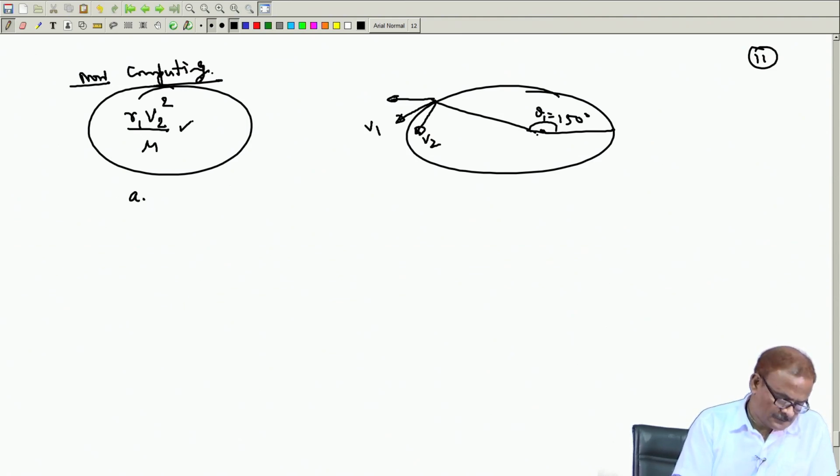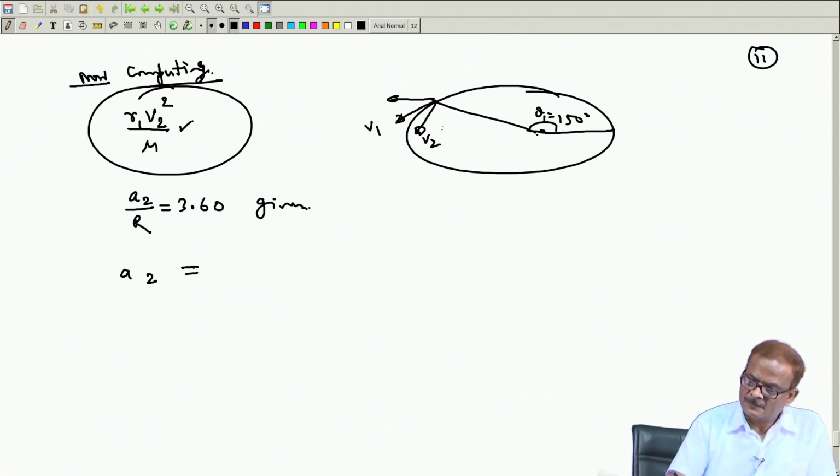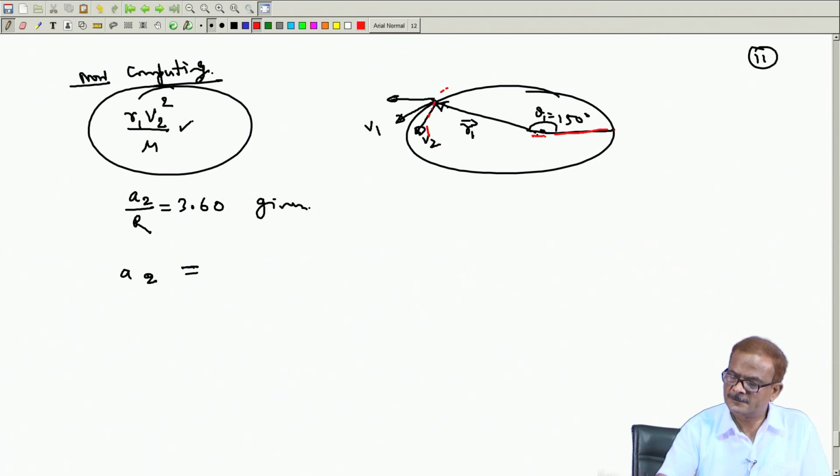and given A 2 by R is 3.60, this is given. So, A 2 equal to, this is your R 1 position, at this position you have to change the orbit, means it may look like this without changing the periapsis.